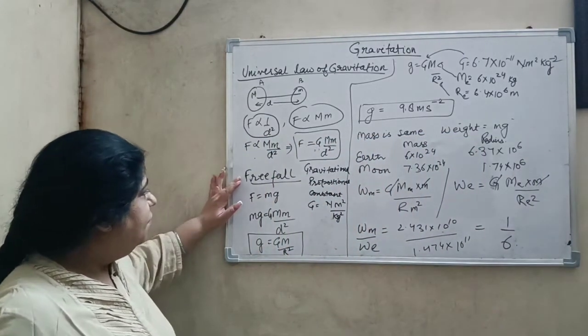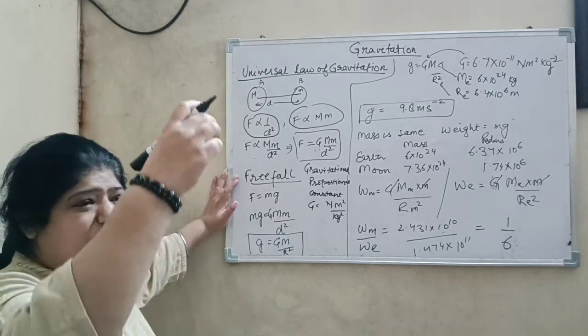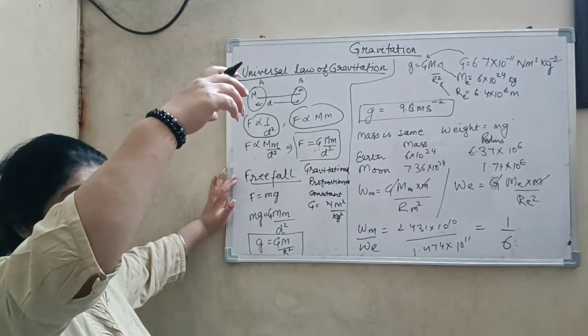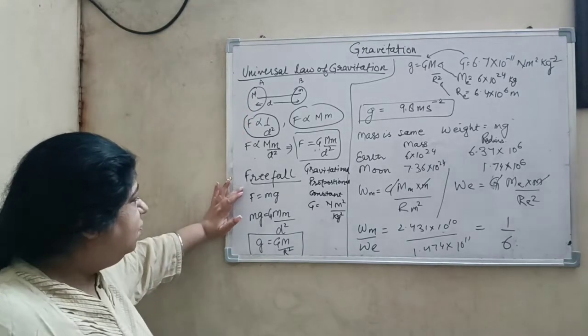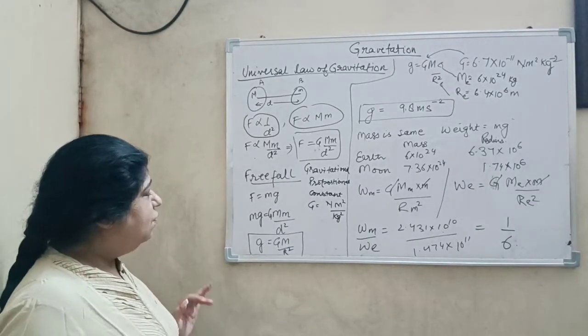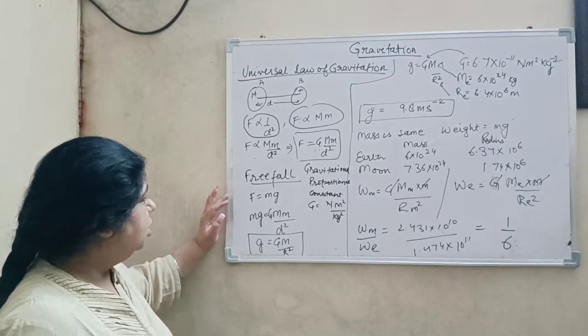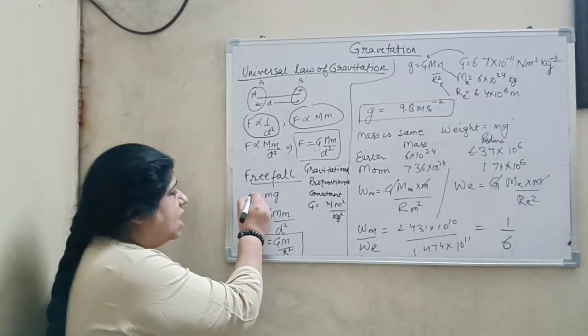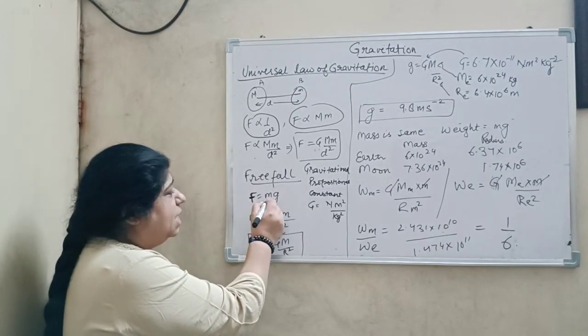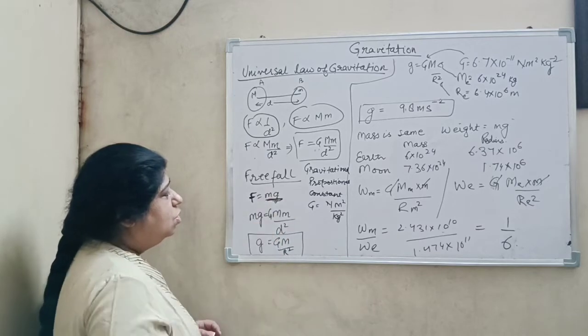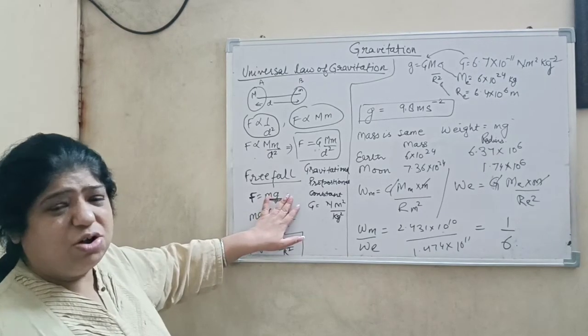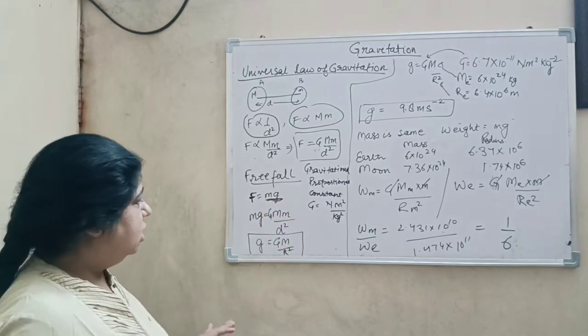Now, when you take an object and drop it from a height, what will happen? It will come to the ground. The force that will act on the object will be mass into the gravitation constant, okay?